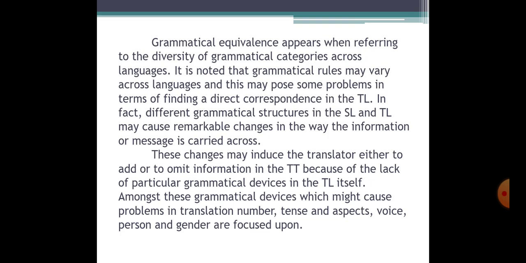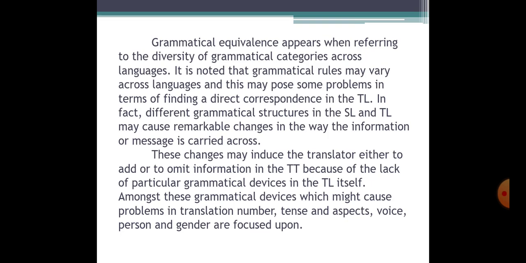In fact, different grammatical structures in the source language and target language may cause remarkable changes in the way the information or message is carried across.